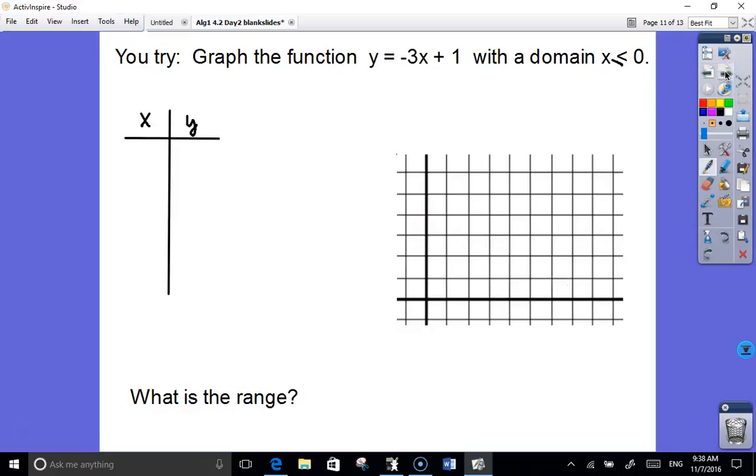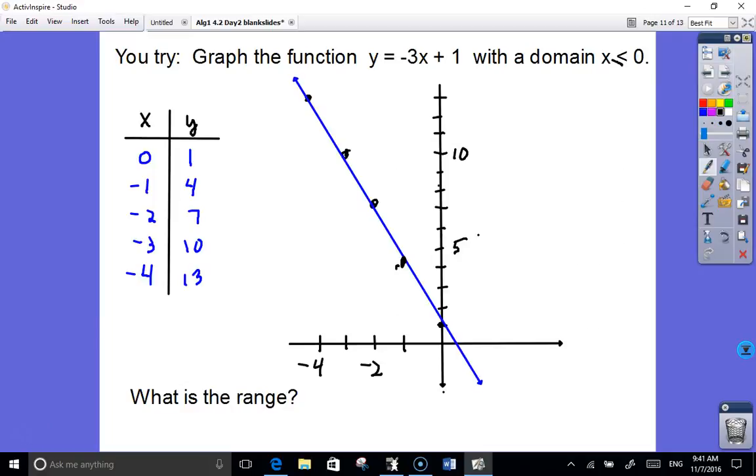So try to do the same thing with that one. Okay, so the graph, you should have picked values of x that were less than 0.